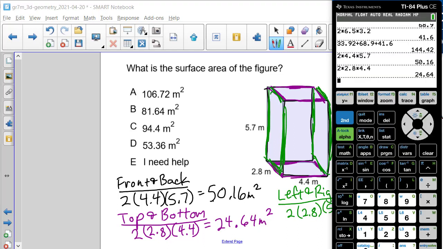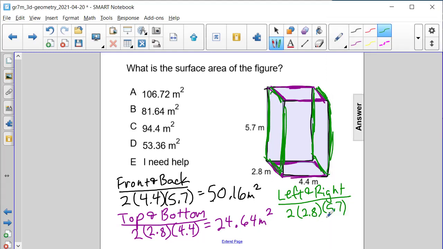And if we multiply these values together, we get 31 92/100 square meters.